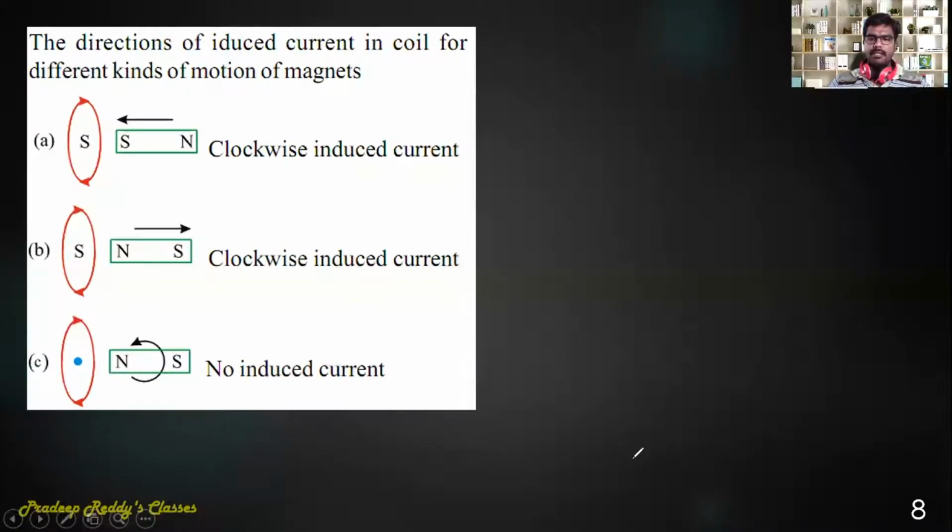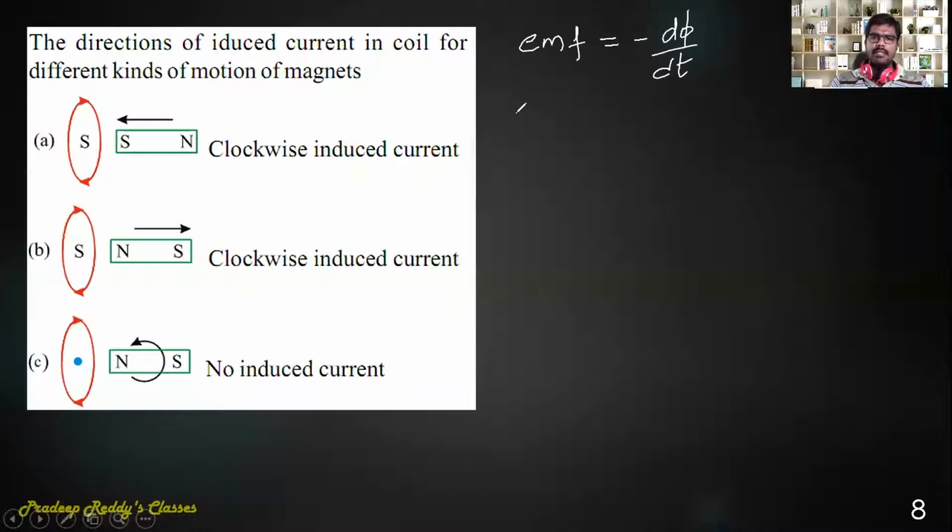Students, so far we have learned that whenever there is relative motion between coil and magnet, there will be induced EMF developed, and that induced EMF is equal to minus d phi divided by dt, and the EMF and the magnetic flux change are opposite to each other.